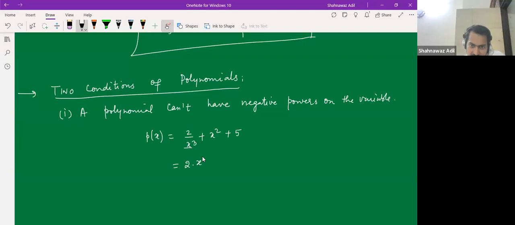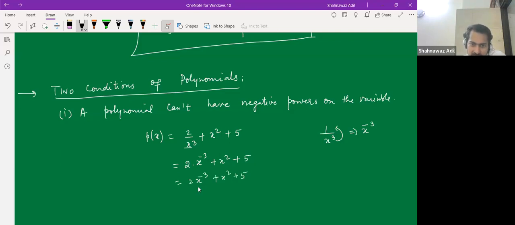If I take the power in the upper side, it would be minus, right? So this is 1 by x cubed, and if I take it in the upper side, this would be x to the power minus 3. So this is 2x to the power minus 3 plus x squared plus 5.